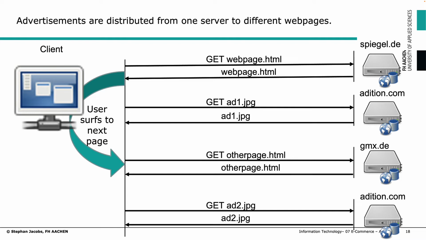Spiegel.de knows that the user has requested something from spiegel.de, and gmx.de knows that the user has been on gmx.de websites. However, edition.com knows both spiegel.de and gmx.de. He knows where the user was surfing.